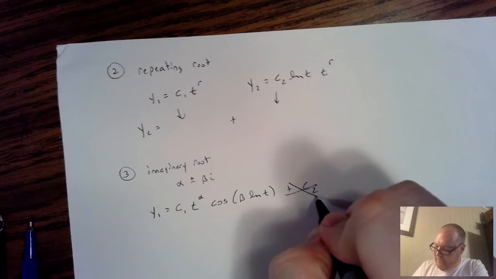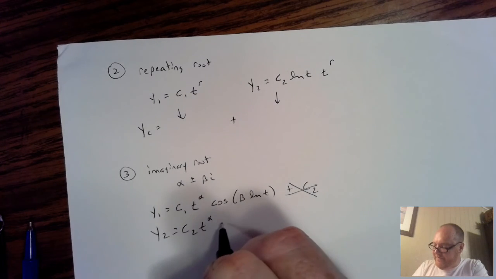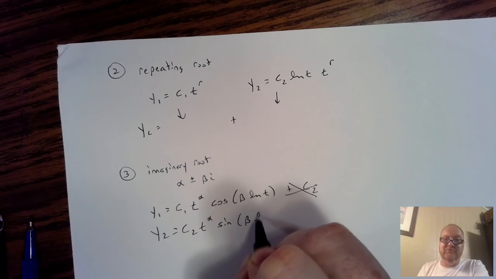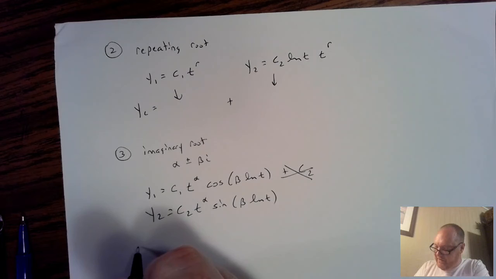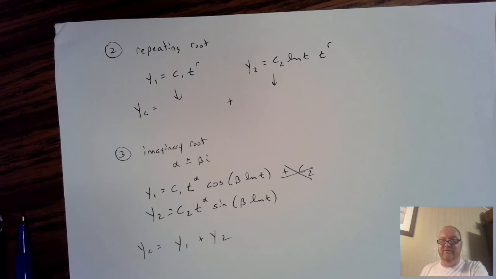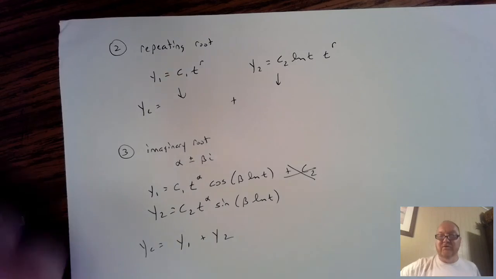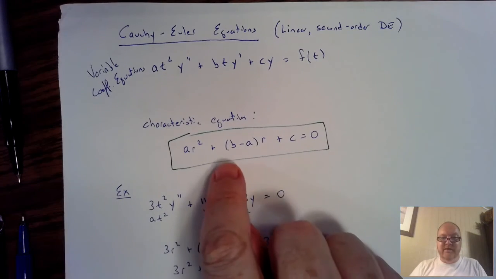For y2, some other constant times t to the alpha sine of beta natural log t. What I started writing was the solution to the characteristic equation, which we know to be the combination of those two things.